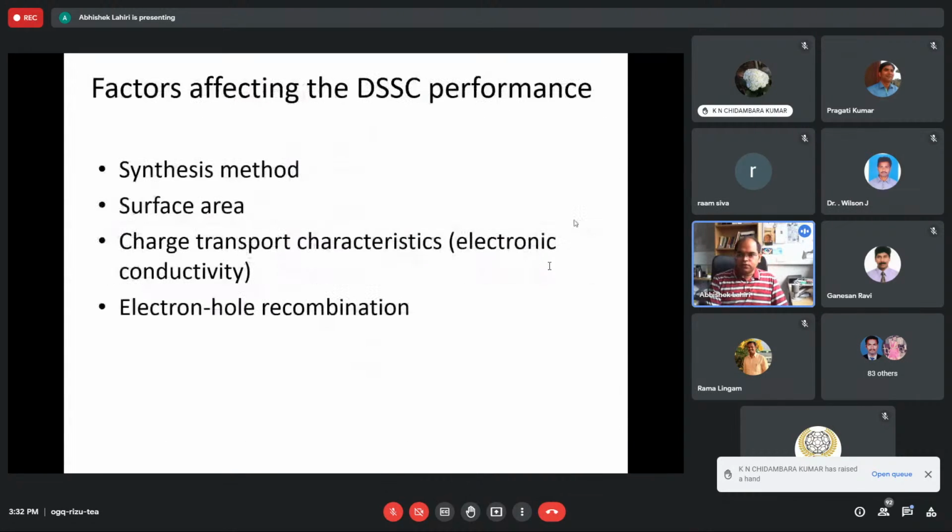So now let's move to the various factors which affect the performance. One, we have clearly seen that the synthesis method or the morphology affected our performance. The surface area was another factor which influenced the performance. Charge transfer characteristics such as the electronic conductivity are also an important aspect, because titanium dioxide and metal oxides are not very good electronic conductors. So how would you improve the conductivity of these electrons?